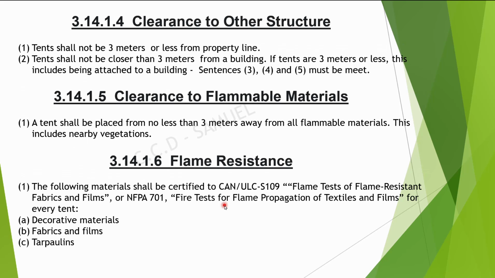There is an exception: if tents are 3 meters or less, this includes being attached to a building, sentences 3, 4, 5 must be met. Clearance to flammable materials. A tent shall be placed no less than 3 meters away from all flammable materials. This includes nearby vegetation.